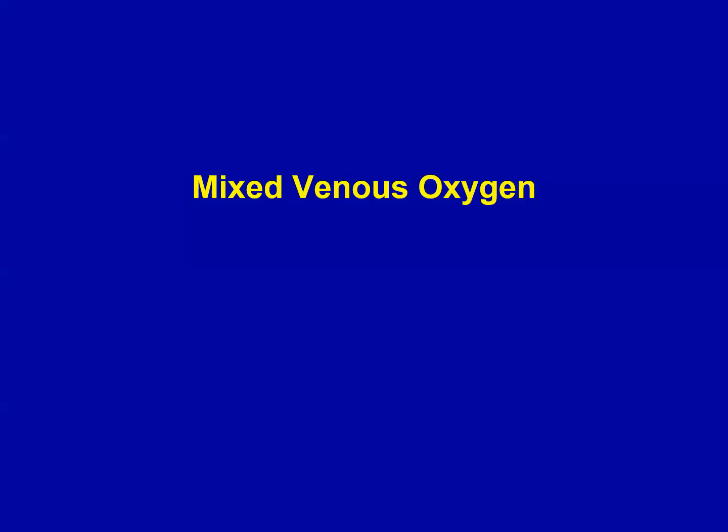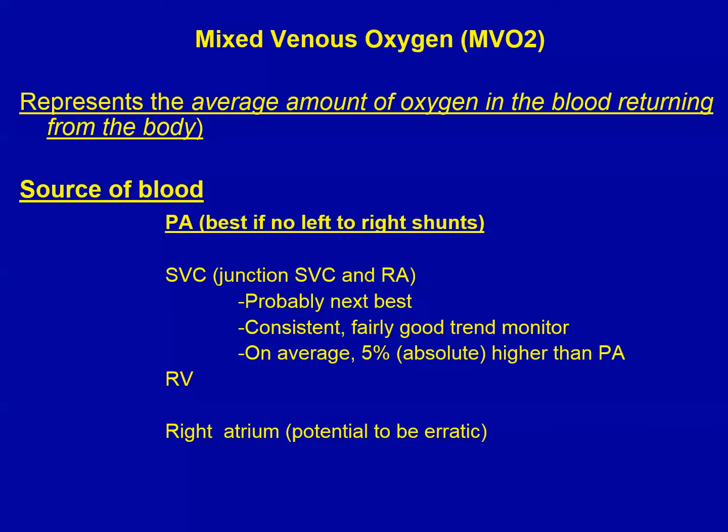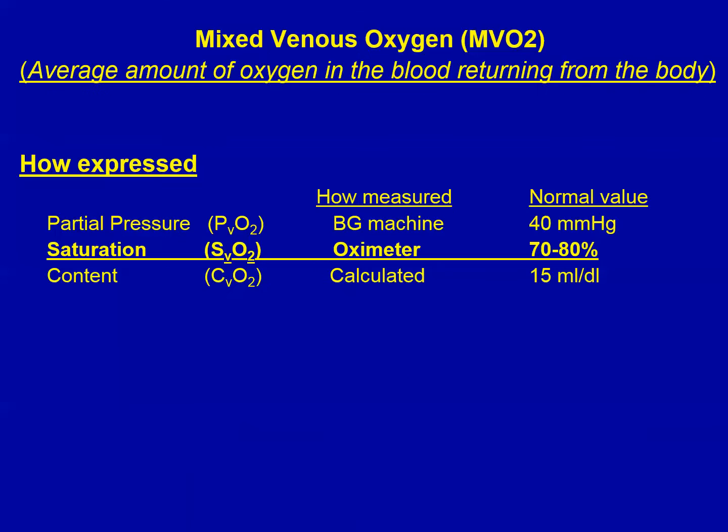Another unique parameter available with the pulmonary artery catheter is mixed venous oxygen. This represents the average amount of oxygen in the blood returning from the body, and the best place to measure this is in the pulmonary artery. Although people use superior vena cava and right ventricle and right atrium, none of the latter are as accurate as the pulmonary artery.